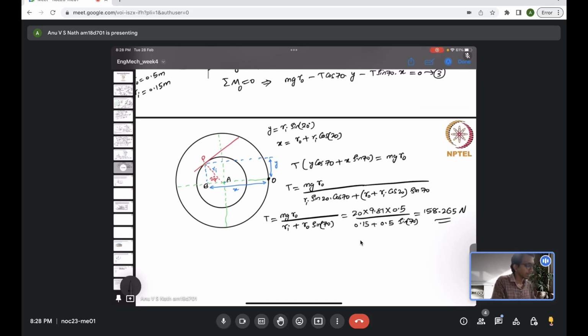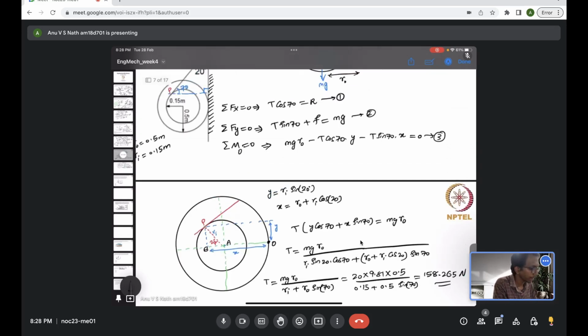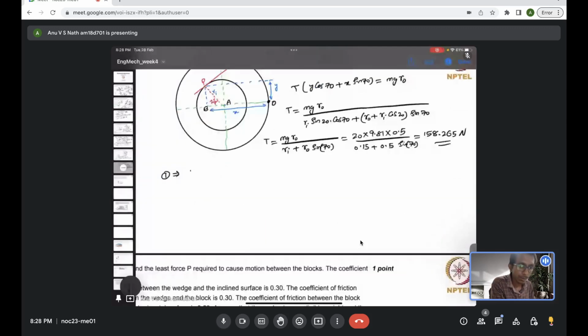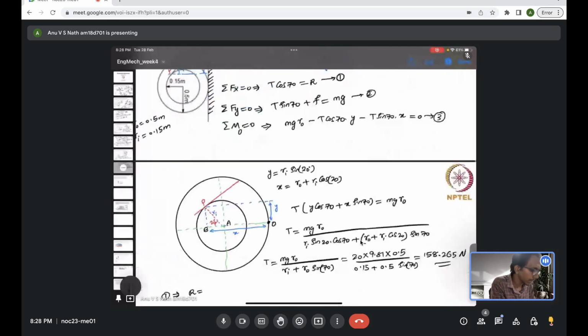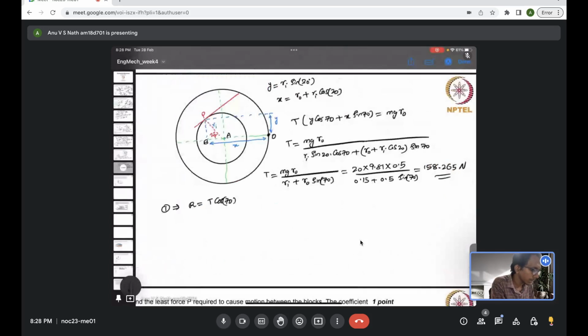So we got tension. Now if you go back to equation 1, we can evaluate the normal reaction R. So the normal reaction R is T cos 70. So we know what is T, which is 158.265 times cos of 70.